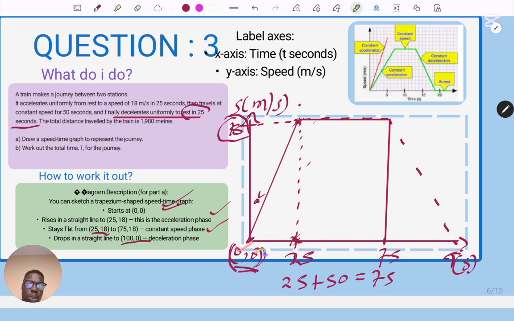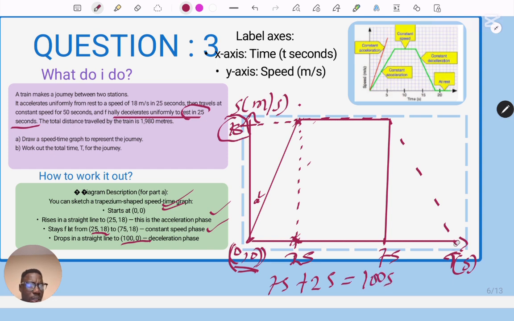So 0 speed, that's what we are talking about. But it takes 25 seconds to do that, from our question. That means an additional 25 seconds to 75 here. That will give us 100. That is 75 plus 25, which gives us 100 seconds.